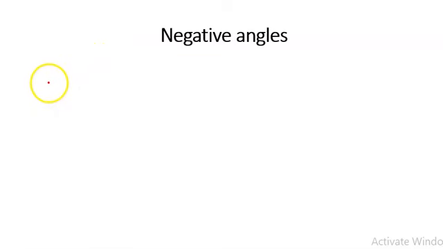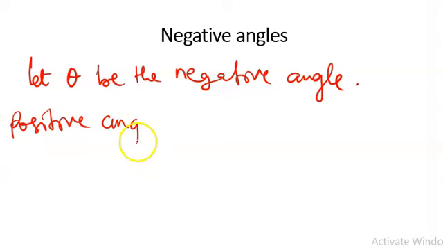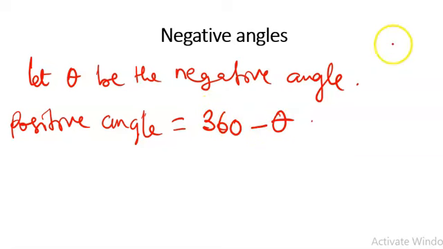Now, how do we convert a negative angle to a positive angle? Let theta be the negative angle. We want the positive angle of any negative angle. That will be 360 minus theta. So let's look at this.